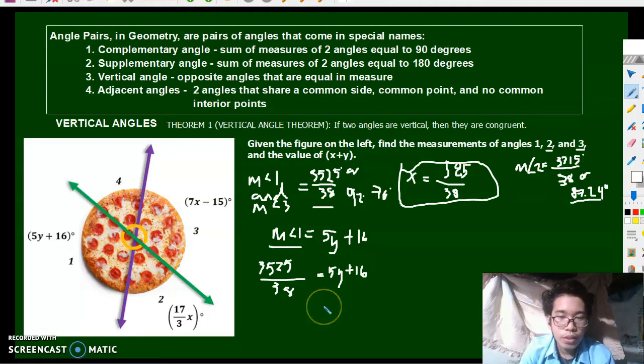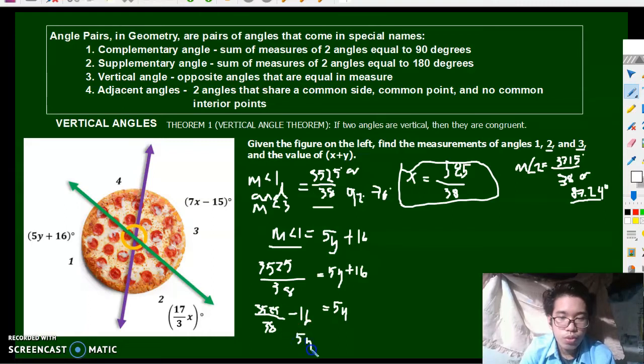They are vertical angles, so that's why they have the same angle measurement. So we have here 3,525 over 38. Since that's plus 16 there, we have to transfer it to the other side, so it's going to be minus. So 3,525 over 38 minus 16 is equal to 5y. What does 5y equal?